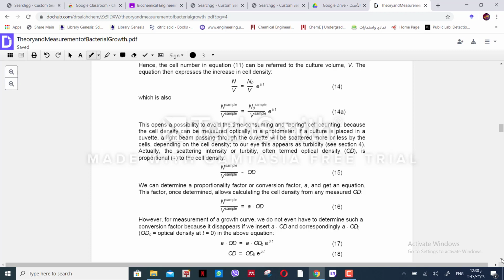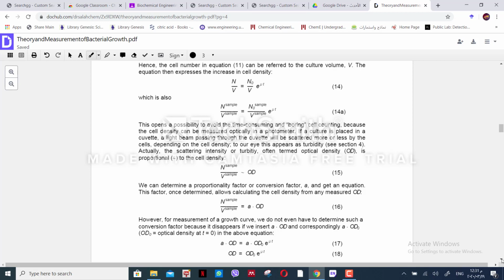This factor, once determined, allows calculating the cell density from any measured optical density. So n sample over v sample equals a constant A multiplied by optical density. However, for the measurement of a growth curve, we don't even have to determine such a conversion factor, because it disappears if we insert the optical density at initial condition.